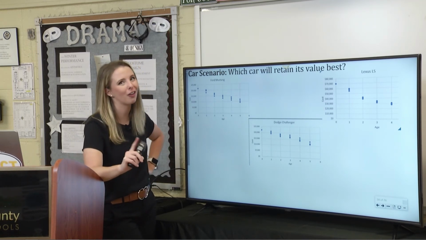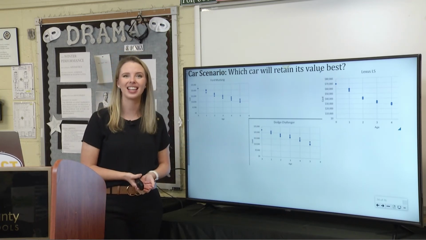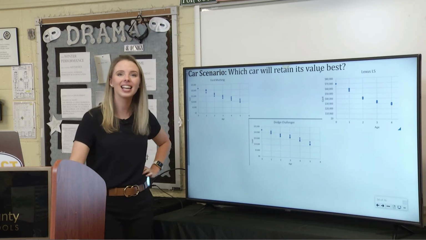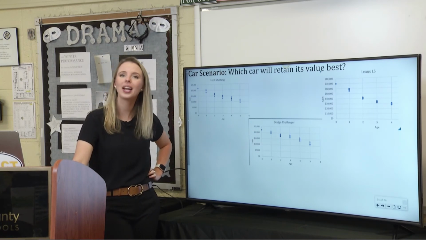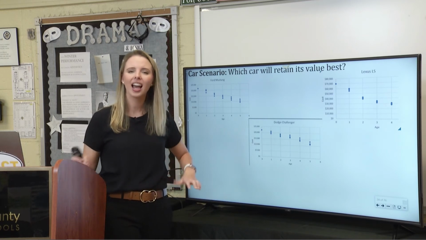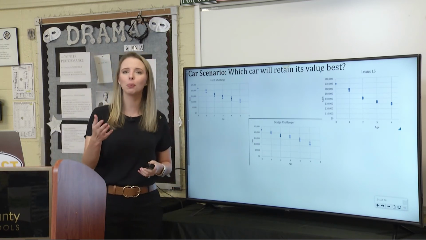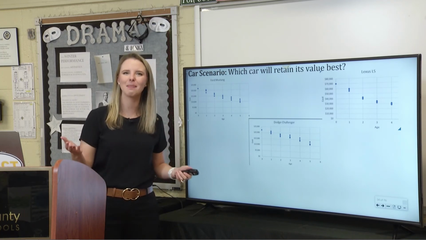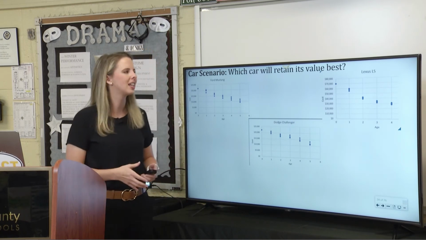Those people at Microsoft are really smart, and we're a Microsoft school, so you have access to Excel, and you can do this project. Excel can create what's called an exponential function of best fit. Now you're probably thinking, that sounds a little familiar. In Algebra 1, you probably learned about a line of best fit, right? Now we're just applying this to exponential functions.